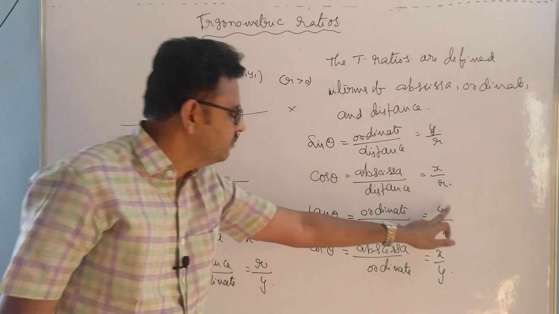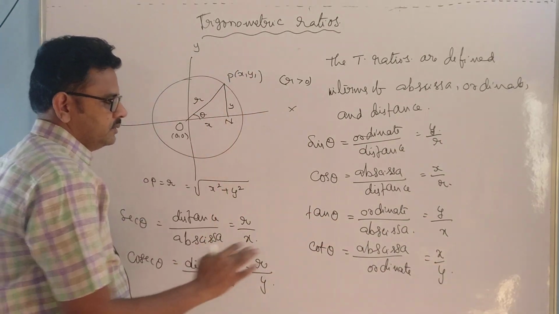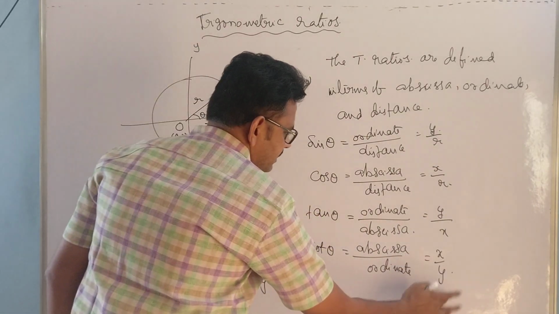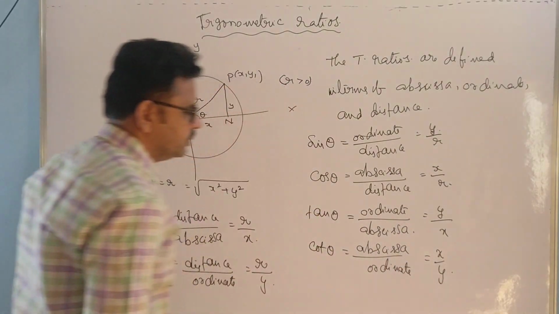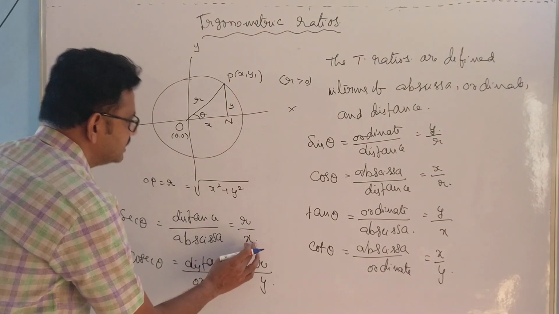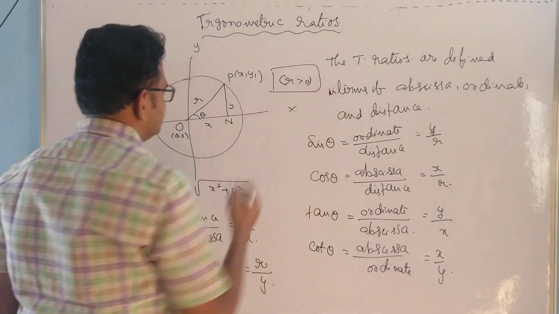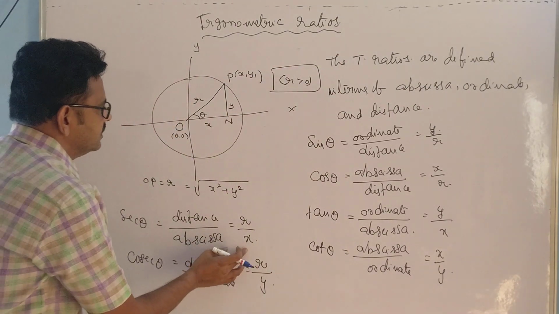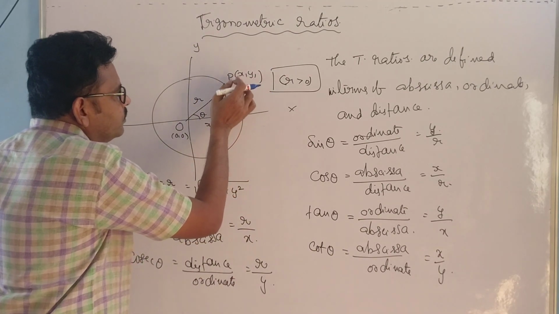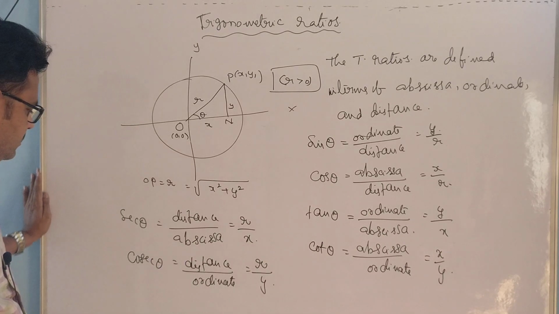Tan theta, y by x, is positive. Cot theta, x by y, both positive.